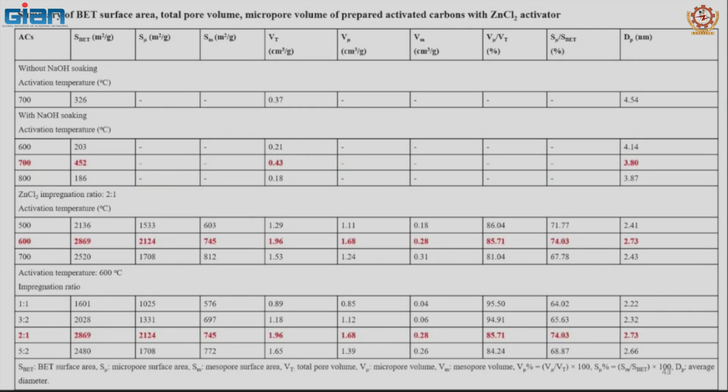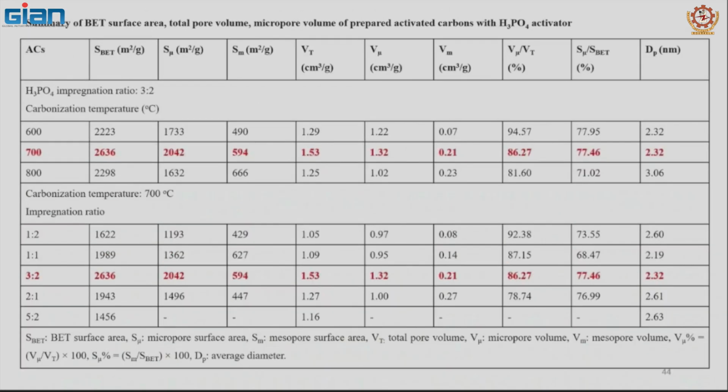So what is significant here, you see at 600 degree activation we are getting a very high surface area, 2869. Another thing is that this micropore is 2124, and the mesopore is 745. So these are the very significant results obtained for this prepared material.